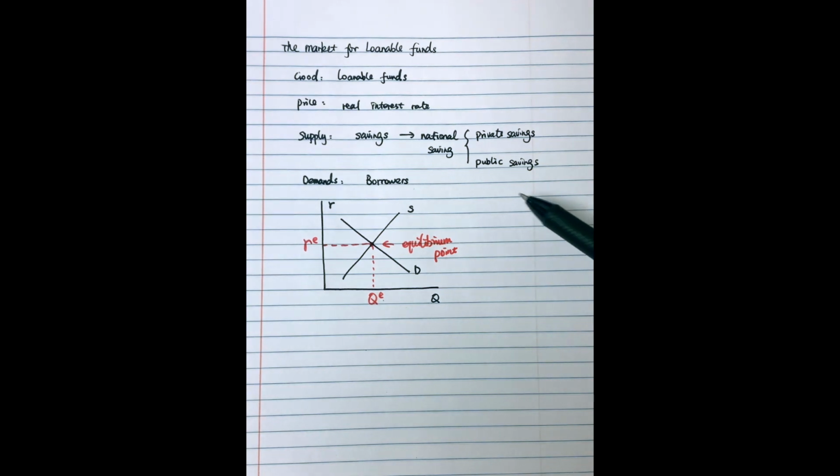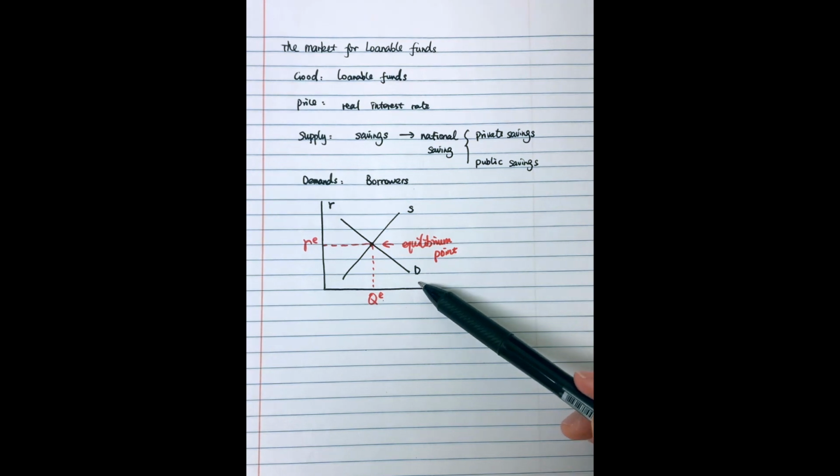Or it could be from the demand side. For example, now firms and corporations would like to borrow more money from banks to invest in their factories or in their business. Therefore, it will increase the demand for loanable funds, which will shift the demand curve also to the right-hand side.